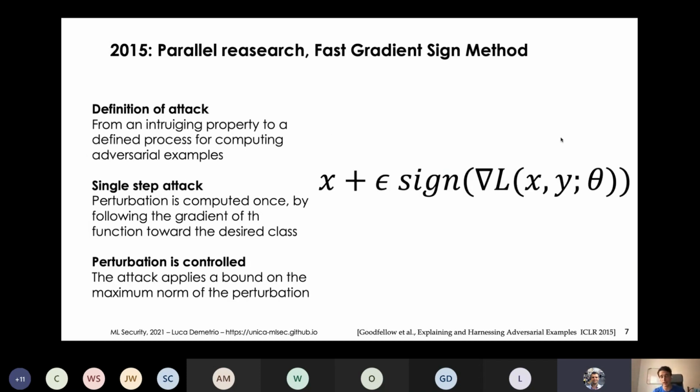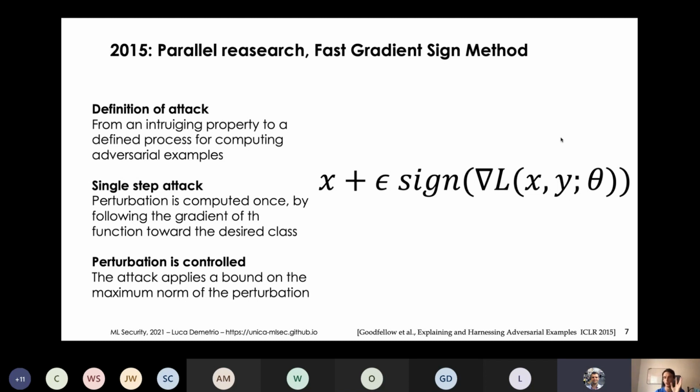Most of the authors that were already in that paper also worked on this paper, and they created the so-called fast gradient sign method. This is basically a definition of an attack. The intuition is that I want to use the gradient.